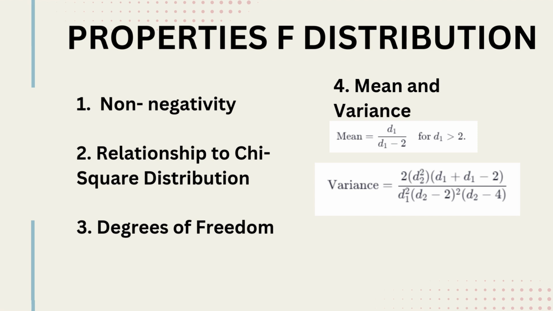As the denominator's degrees of freedom, d2, increase, the mean of the F distribution approaches 1. This makes sense because as the sample sizes get larger with increased d2, the variances between and within the groups tend to be more similar, so the F ratio approaches 1. And the variance is only defined when d2 is greater than 4. This is a stricter condition than for the mean, and it reflects how sensitive the distribution is to small sample sizes.